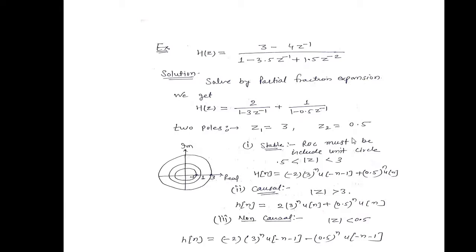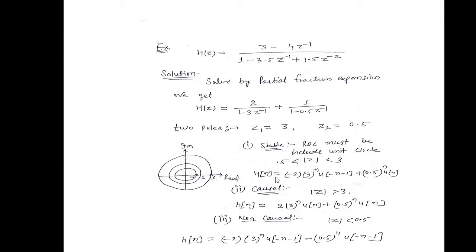The right sided part can be written as 0.5 to the power n u(n), and for the left sided part, the constant 2 is multiplied by minus because this is the left sided signal. We have already discussed these right sided and left sided signals in the basic Z transform questions. So minus 2 is multiplied with 3 to the power n u(−n−1). Finally we are having h(n), the discrete time form of that particular question.